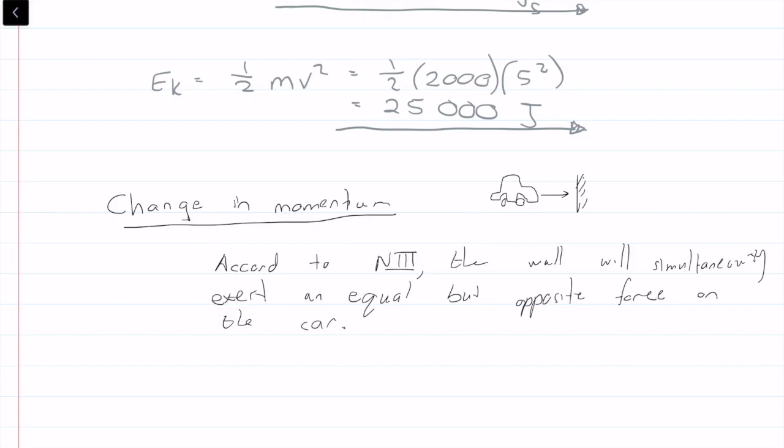But there are two situations that can occur. When we think of a car that goes into a wall, it's very unlikely that the wall stops the car completely. Either the car will rebound off of the wall, or the car will actually go through the wall.